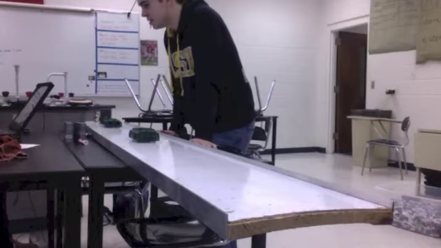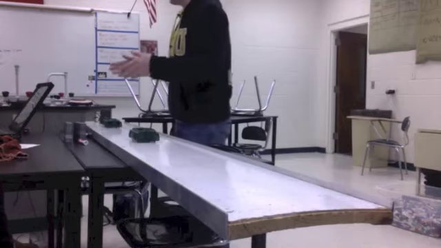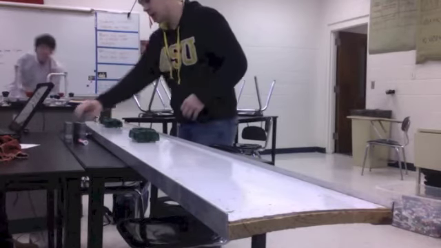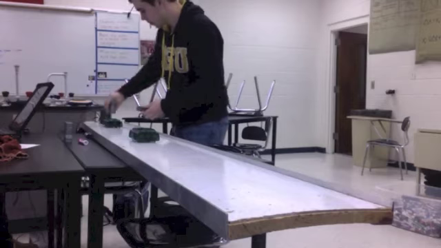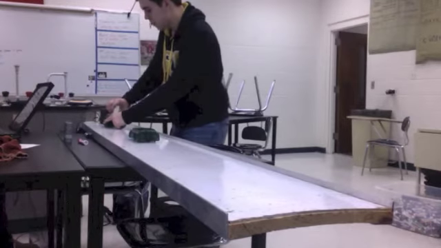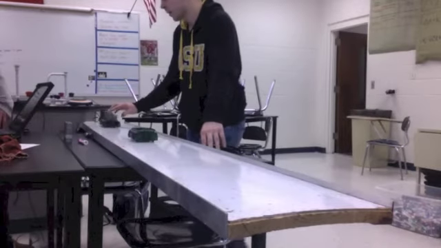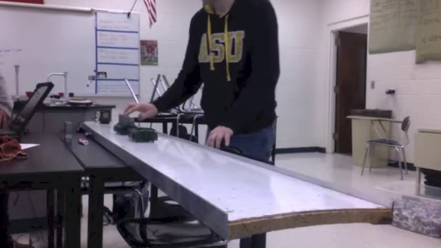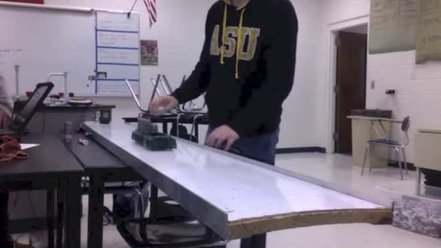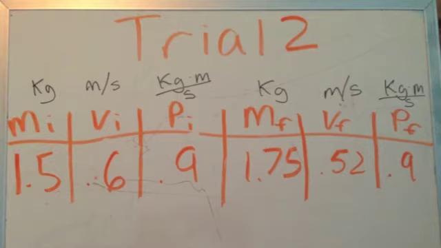This is our second trial, in which we added 5 0.25 kilogram masses in order to bring the mass of car 1 up to a total of 1.5 kilograms. In trial 2, we increased the mass of car 1 to 1.5 kilograms.